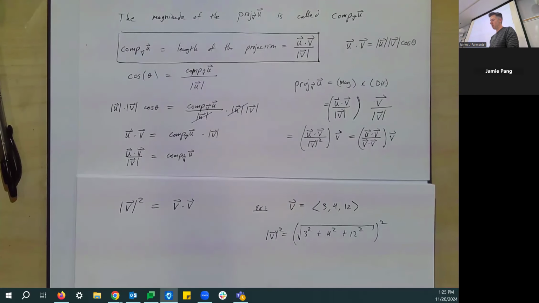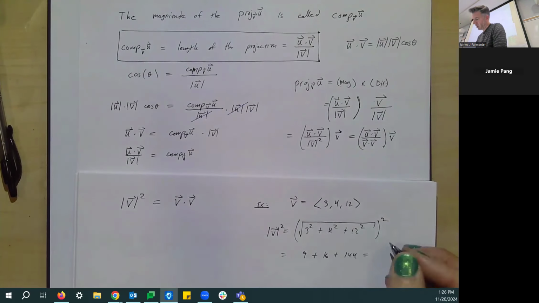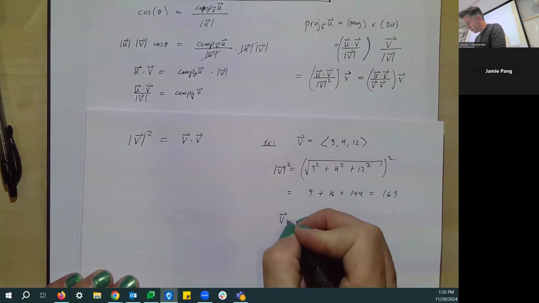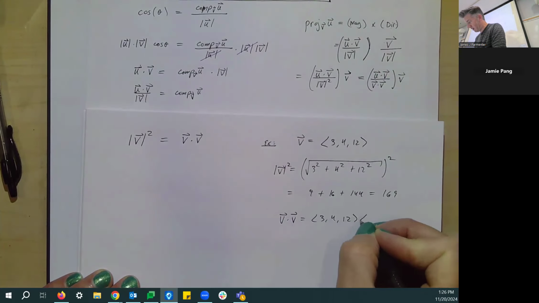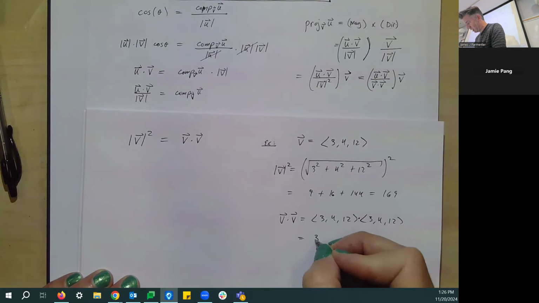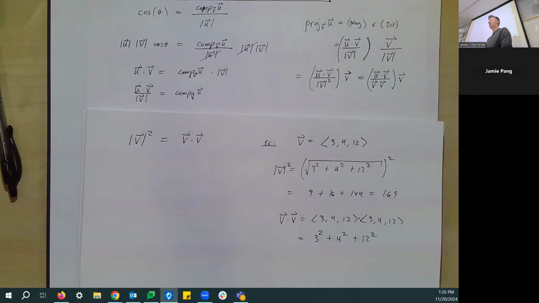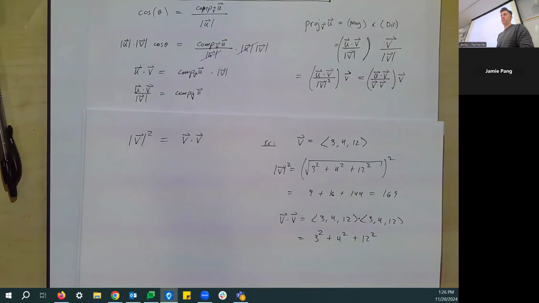It's the magnitude squared. That's just going to be 9 plus 16 plus 144, which is 169. Or you can calculate v dot v, which not shockingly is the vector dotted with itself. And when you dot the vector with itself, you literally just get each component multiplied by itself. So you get 3 times 3 plus 4 times 4 plus 12 times 12. Same thing. So people will often just interchange these with each other as they see fit, right? Sometimes it just feels more convenient to write it one way versus the other way.